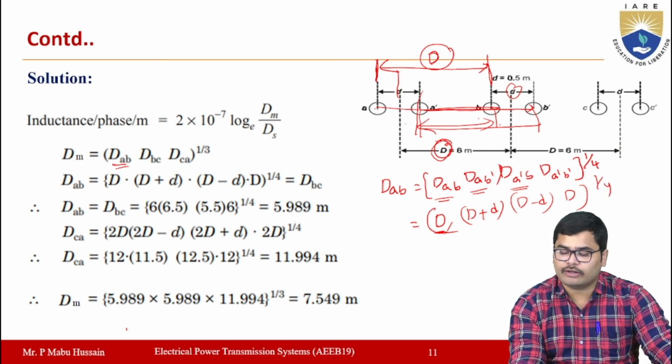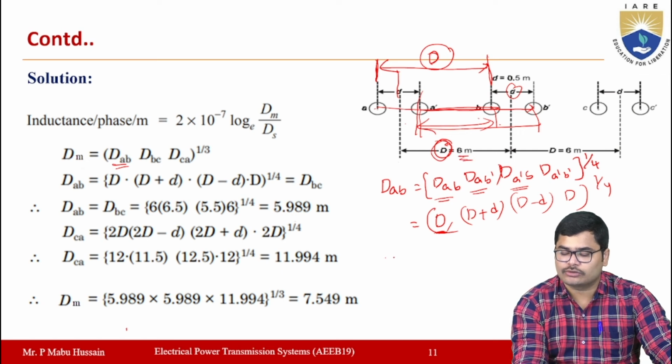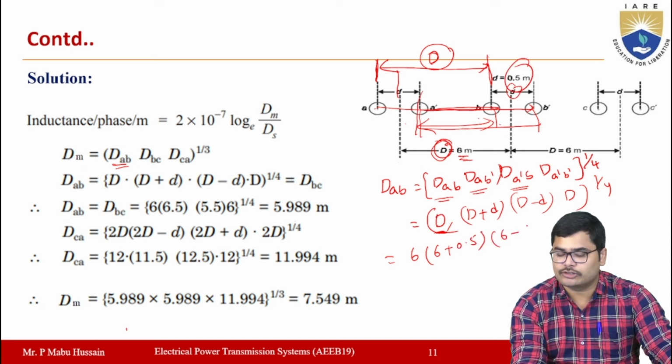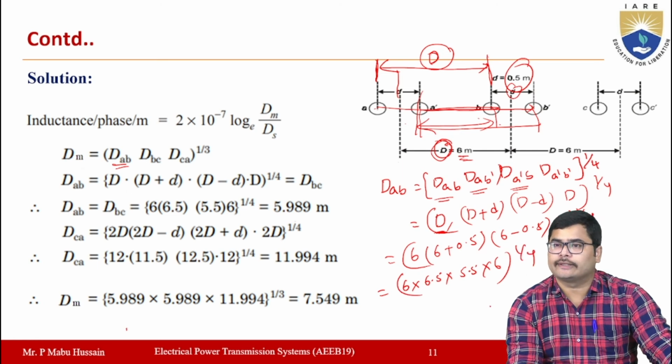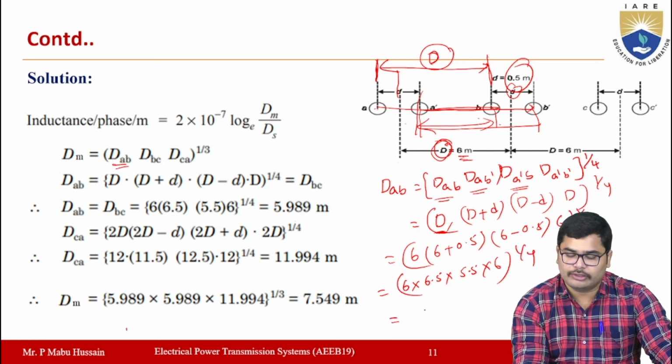The value of capital D here is 6 meters and small d is 0.5 meter. So (6 into 6 plus 0.5 into 6 minus 0.5 into 6) whole to the power of 1 by 4, that is (6 into 6.5 into 5.5 into 6) whole to the power of 1 by 4, you will get.